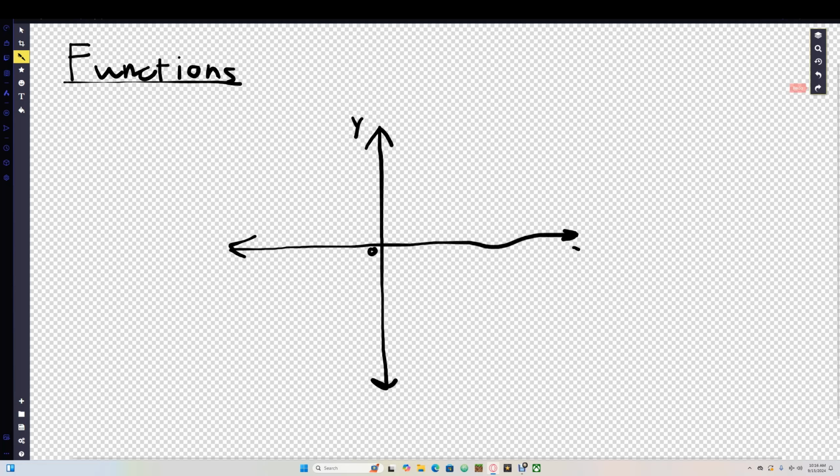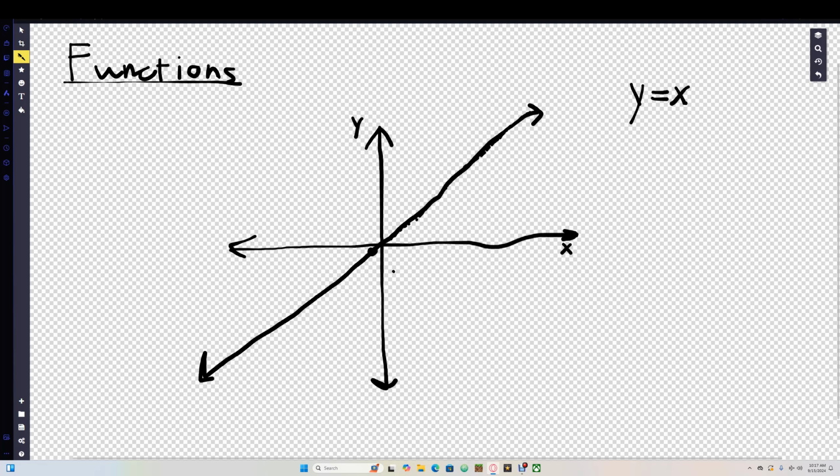Let's have a really simple line equation. We could do y is equal to x. If I can get it right, it goes straight through the origin and out the other side. So it might look something like this.